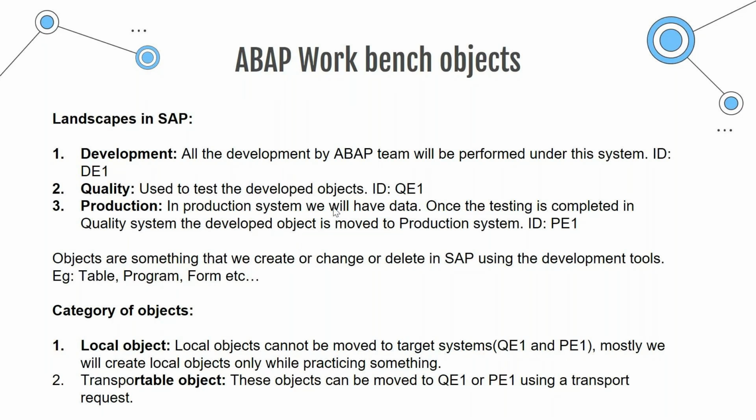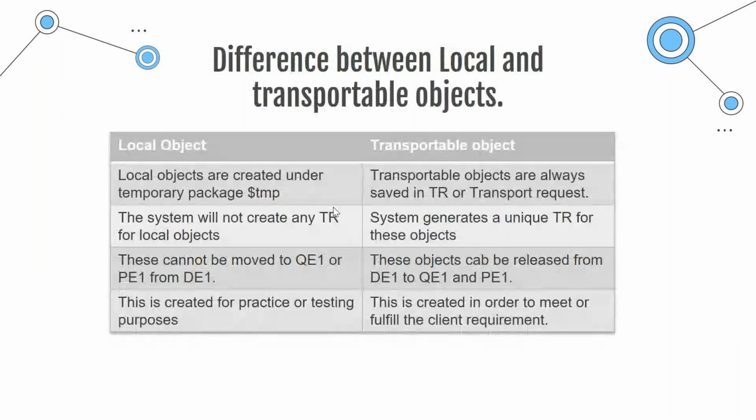A few differences between local and transportable objects: local objects are always saved in a temporary package, and the name of the package is $TMP. TMP means temporary. Transportable objects are saved in an actual package, either a standard package or a custom package.